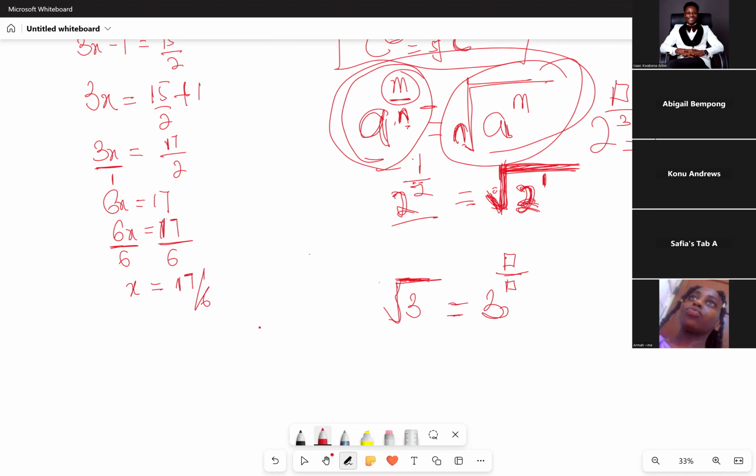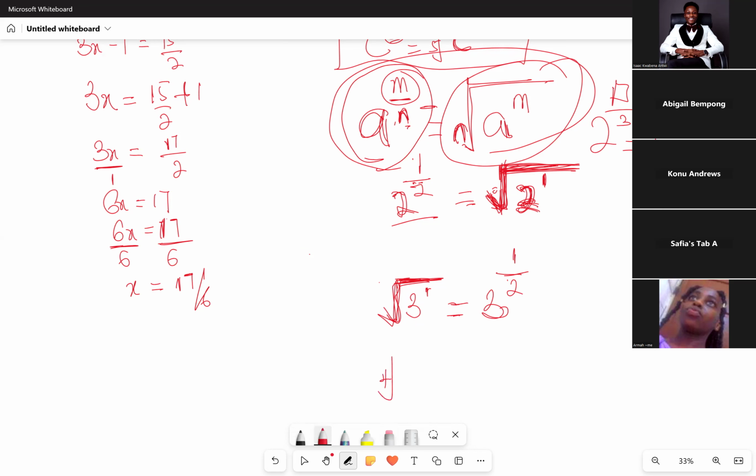Now the name of the base comes from the name of the root. It's square root, right? So the base will be 2. Then the numerator is usually the power of the number, which is 1. Standing on its own, it means it's 1.